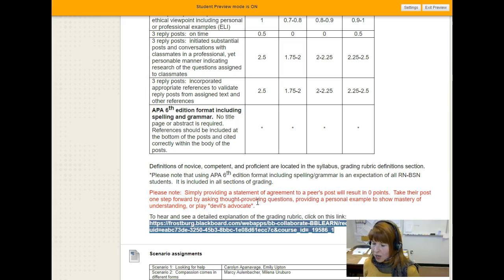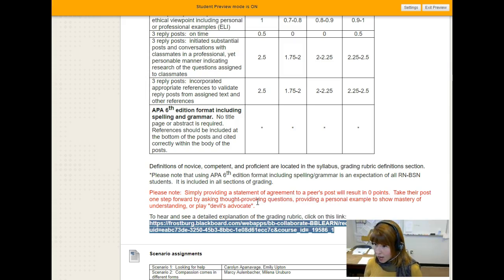Or a legal concept. You're not just going to want to say, yes, that sounds great, I agree, I would have done the exact same thing in this scenario, I think this is appalling, this is horrible. You can include your thoughts and your feelings, but then I expect you to take it to the next level with some additional thoughts.